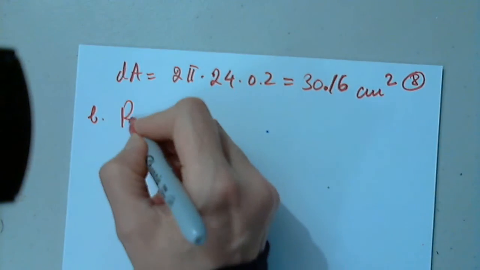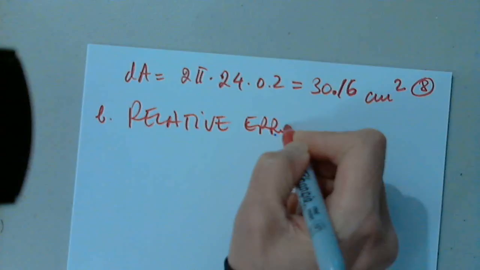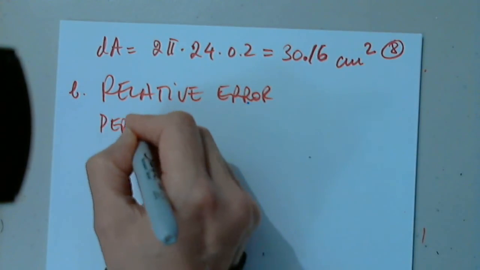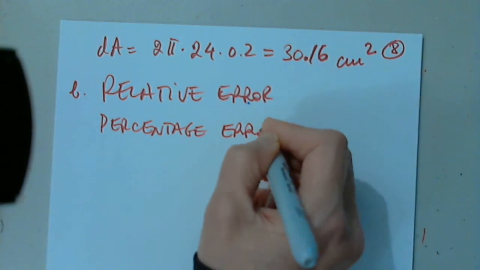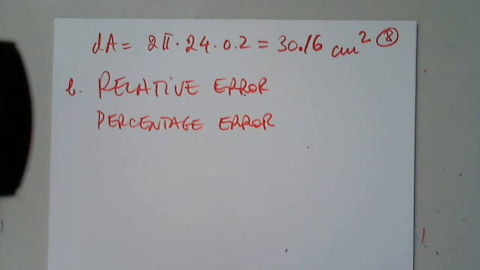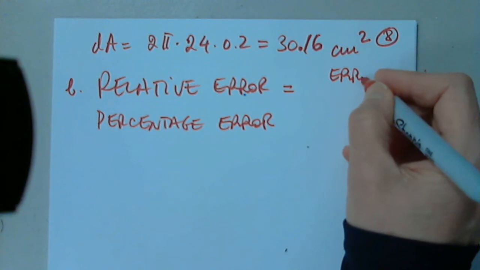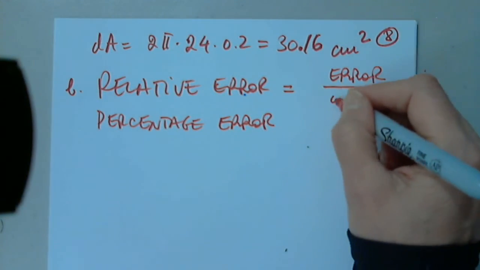A relative error and then percentage error. Okay, by relative error, we mean error over exact, over original.